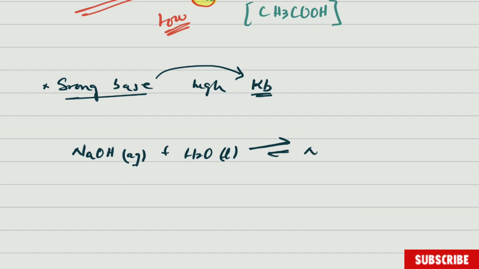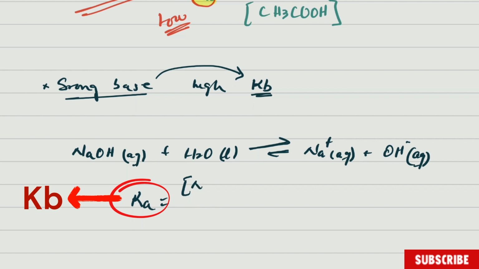Therefore, it will form ions of Na plus aqueous plus OH minus aqueous. All that will be in water. The equilibrium is shifted to the right. It means that the Kb here is going to be high. This one is equal to the concentration of Na plus multiplied by the concentration of OH minus, divided by the concentration of NaOH.